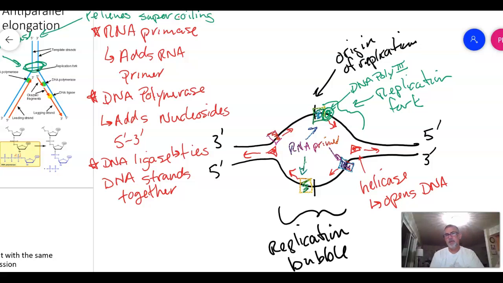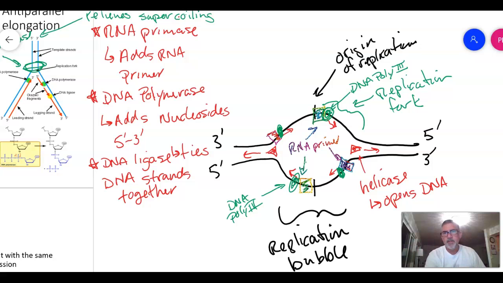It'll start moving in the direction of that arrow, and it'll be making DNA. Another one here, I'll have DNA polymerase 3, and it'll start making DNA in the direction of that arrow. I'll have another one here, and another one here. So there's a lot of DNA polymerase, and it's all working at the same time.